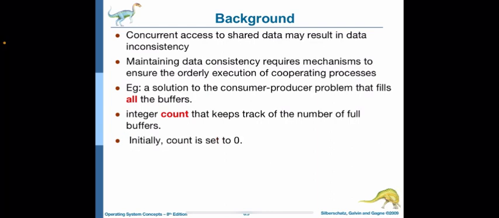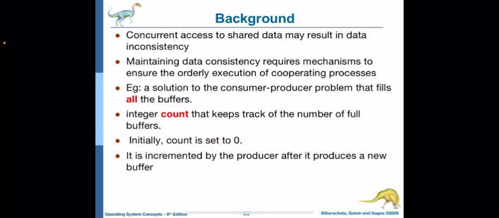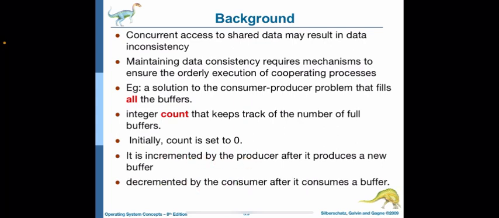Initially that count will be set to 0, and whenever a producer produces an item, that count value will be incremented by the producer, and whenever the consumer consumes one item from the buffer, that count variable will be decremented.